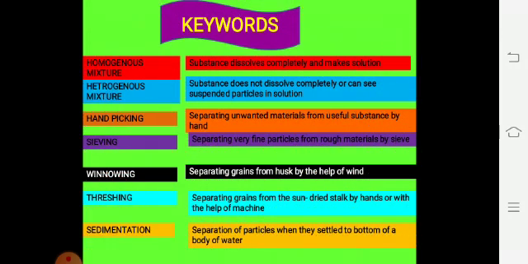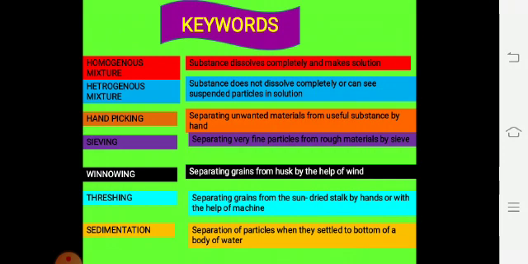Before we start the chapter, here are some keywords that we should know about. First is homogeneous mixture. A substance that dissolves completely and makes a solution is called a homogeneous mixture, like salt and water. Heterogeneous mixture.